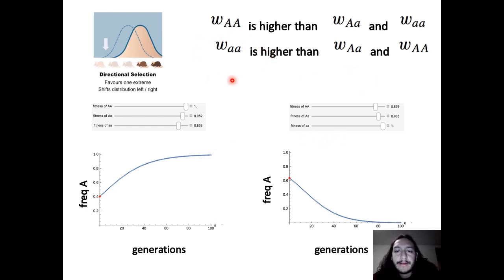But when we observe that then the recessive homozygote has a higher fitness than either the heterozygote or the dominant homozygote, we are going to see that even if the big A allele is really common in the population, it will slowly decrease until it goes extinct. This is because of how we've coded here the fitness of each genotype. And this will correspond to directional selection. So we are selecting for one of the extreme values, and we know that then this genotype is doing actually better than any other genotype in the population.